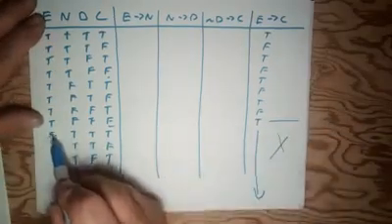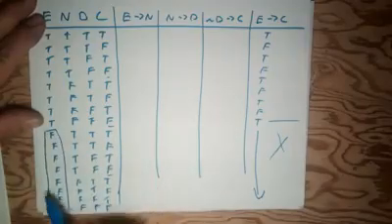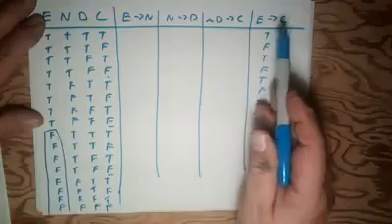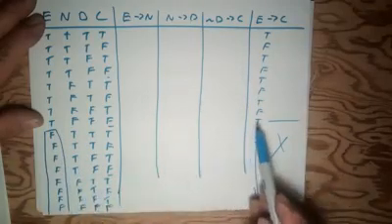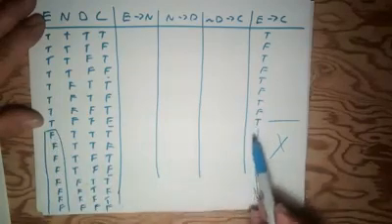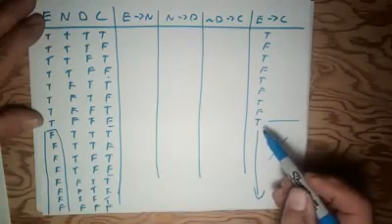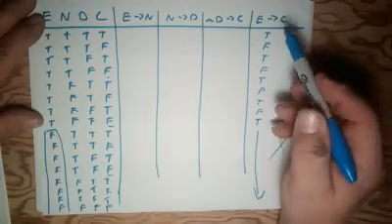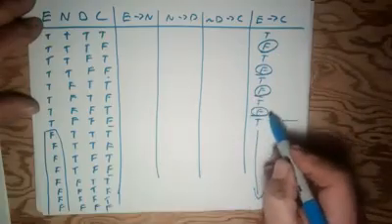Everyone see that? I'm looking at all of these falses here and saying every time a conditional has a false antecedent, the result is true. So since these are false all the way down, these will be true all the way down. So finding these false conclusions here.